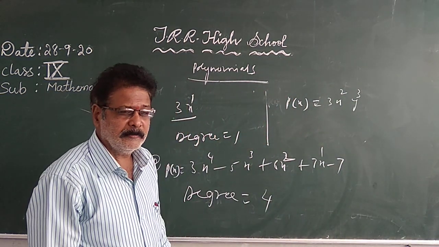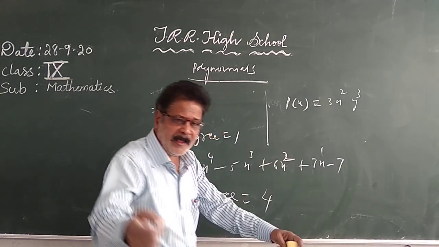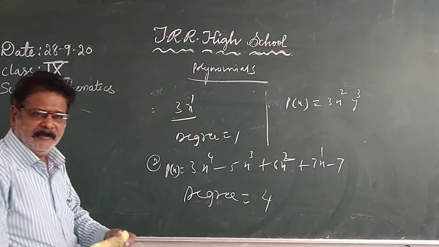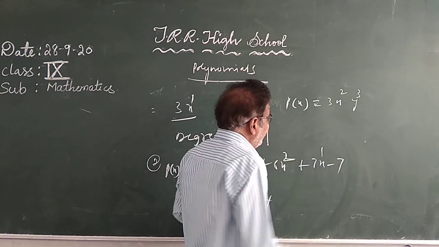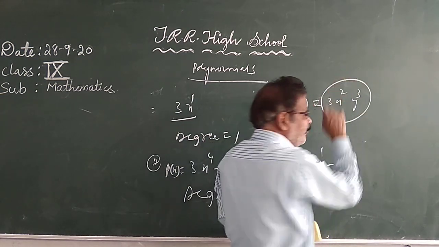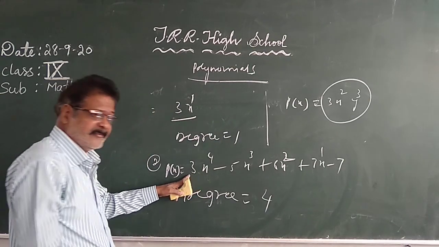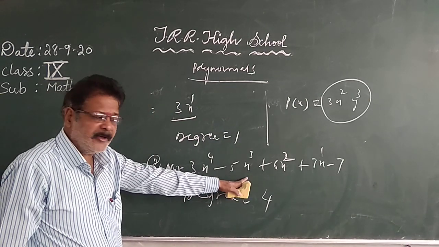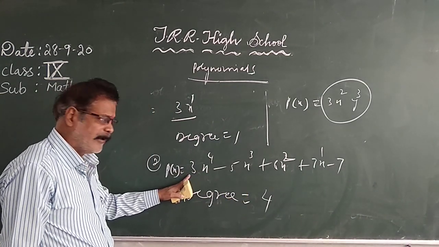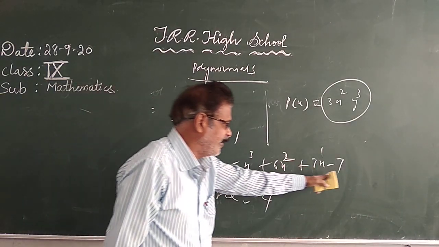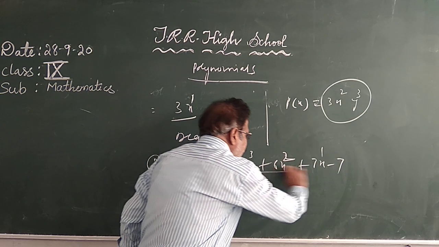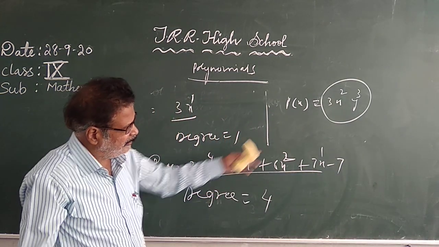This is a monomial. What is the degree? I already told you degree means the highest power. Which is the highest power here? 3. But it is a single term. In this other case, many terms are connected in the expression: 3x to the power of 4 minus 5x cube plus 6x square plus 7x minus 7. This is also a polynomial.